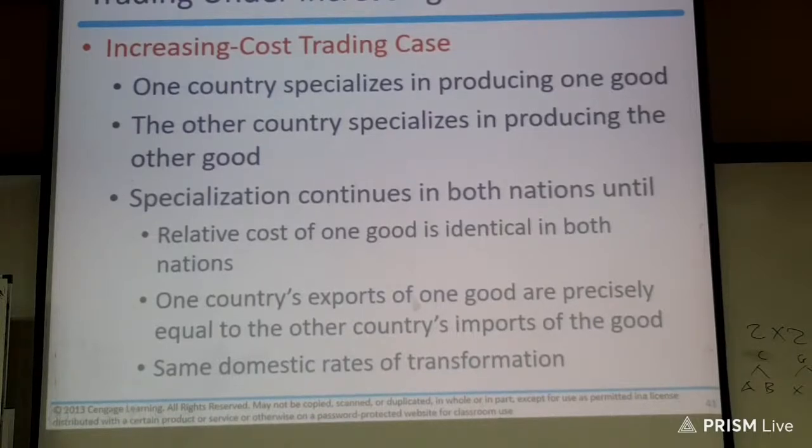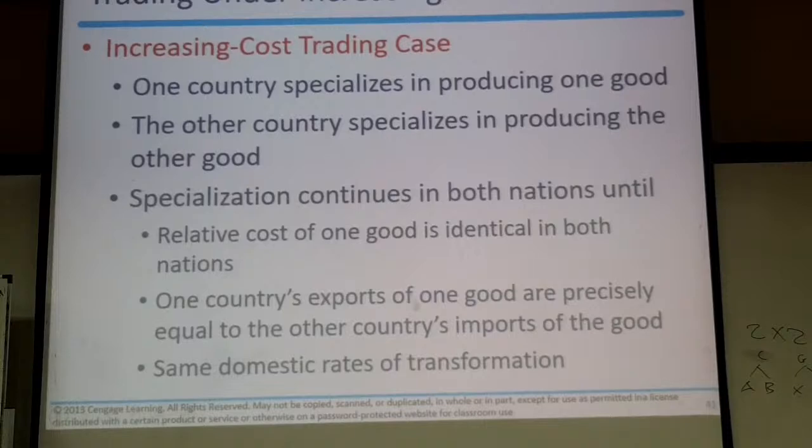And this is the same. Even though I may not draw parallel, they are parallel, the same. Parallel. What is parallel? Like that one. So, the relative cost of one good is identical in both nations, identical.